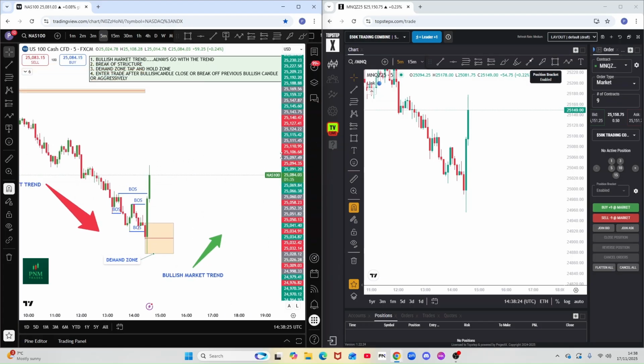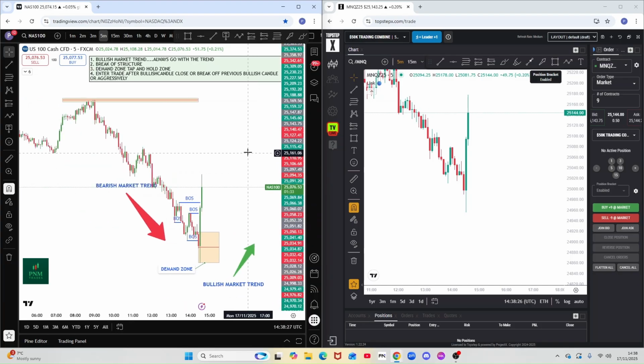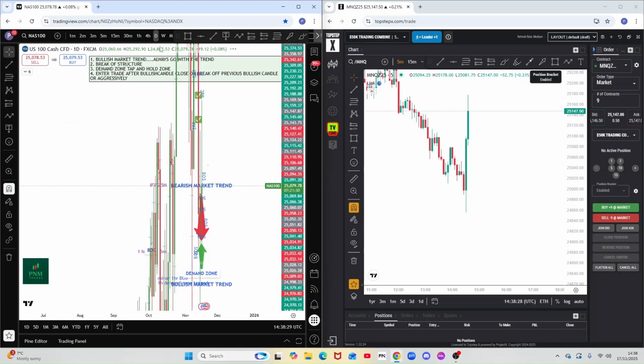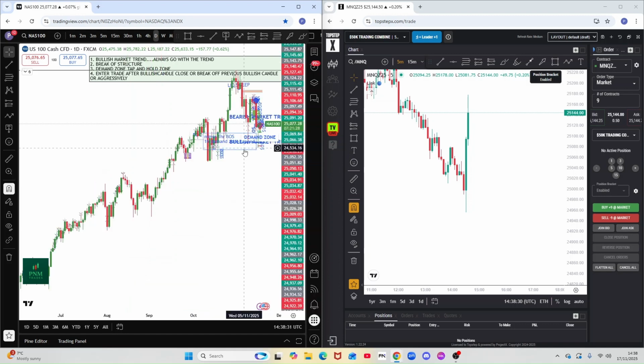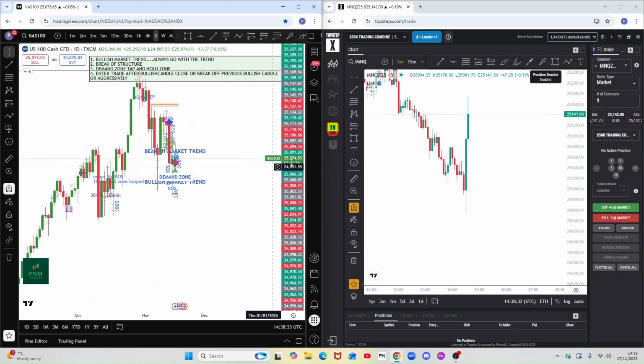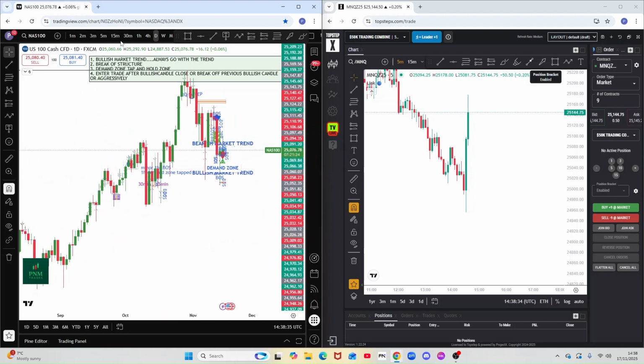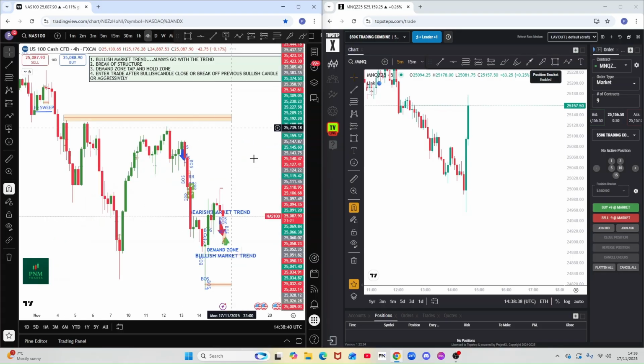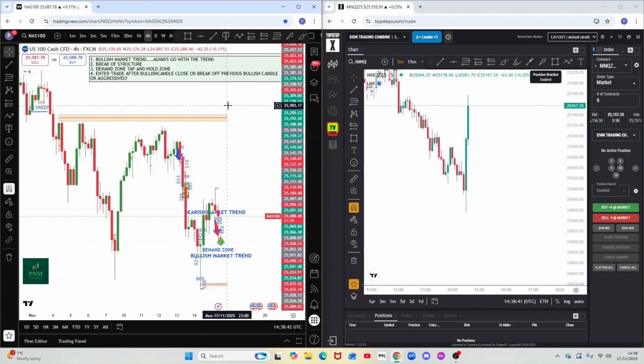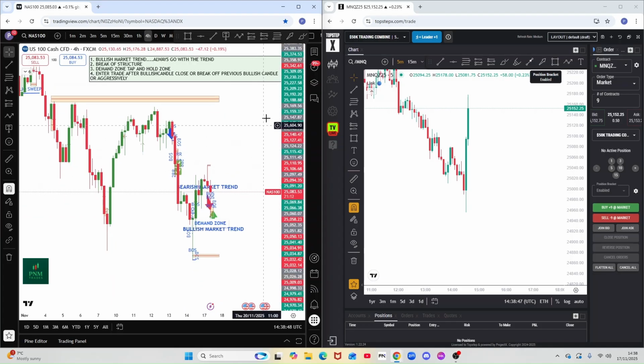Now we wait. See if the daily candle has done anything. It's flipped back green. 4 hour. I remember on Friday we did a 1-to-1 on this 4 hour.